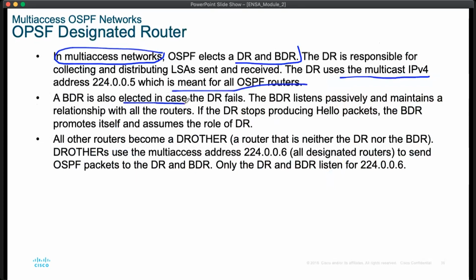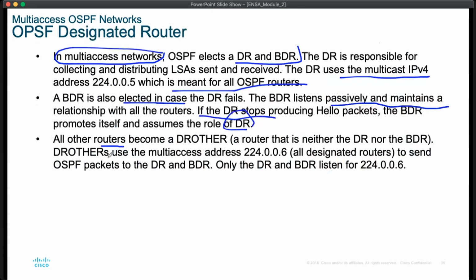That we know. We already know the rules. The BDR listens passively and maintains a relationship with all the routers. If the DR stops producing hello packets, the BDR promotes itself and assumes the role of DR. All other routers become DR others, a router that is neither DR nor BDR.